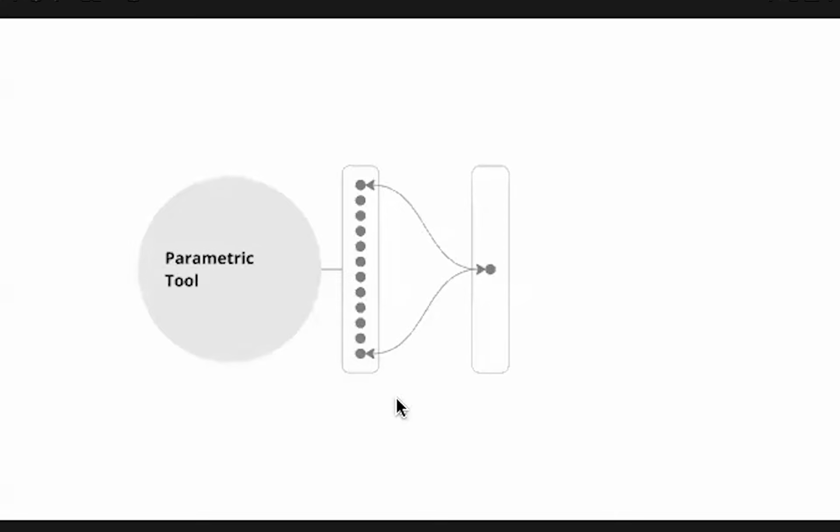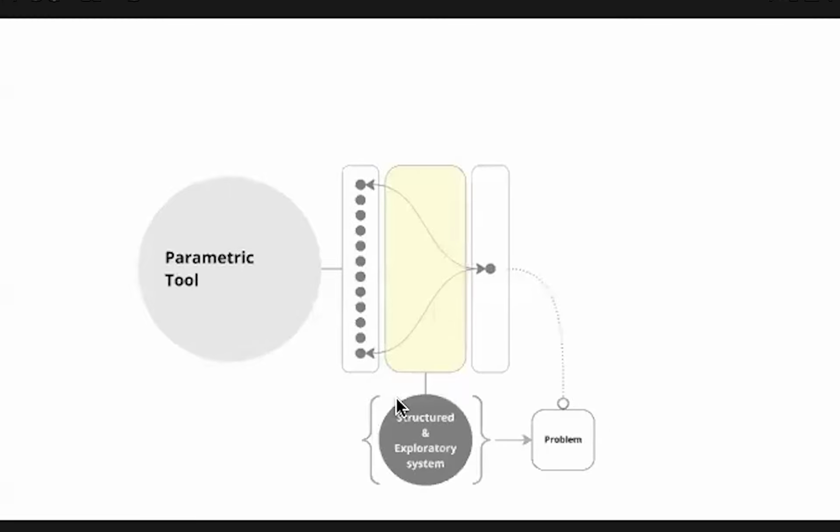So we are reaching the next step, which is that we need to have a structure exploratory system. What does that mean? It means that instead of cleaning architects out of the whole process of optimization, we add them to this process. We try to see what they need to give them the answer that they want at the end.